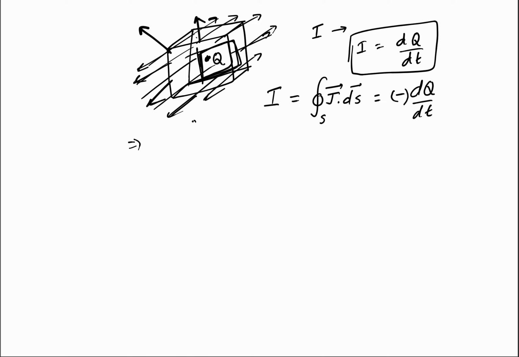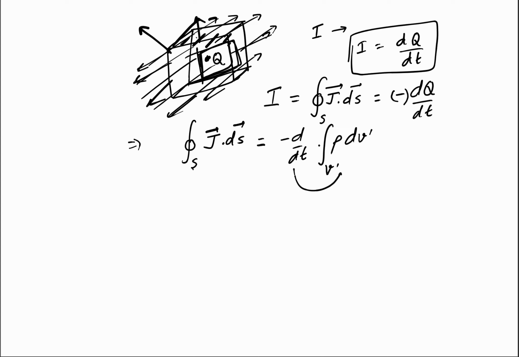It implies I can write the integral of j dot ds over all the surfaces should be equal to minus d by dt of, now I can write q as simply the volume integral of the volume charge density into the volume. Okay, so now if I assume that this volume is stationary, that is, this volume is not moving, then I can interchange the order of this integral as well as this differentiation.